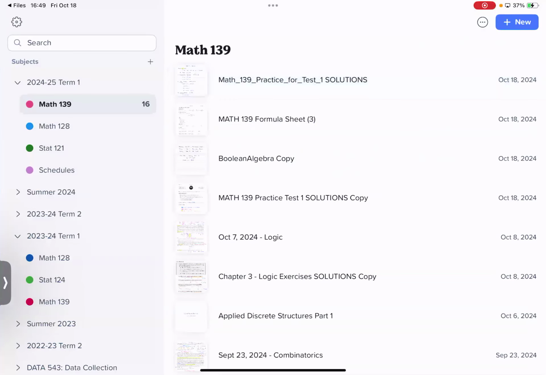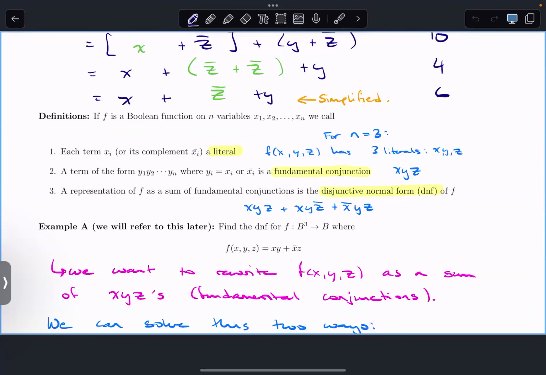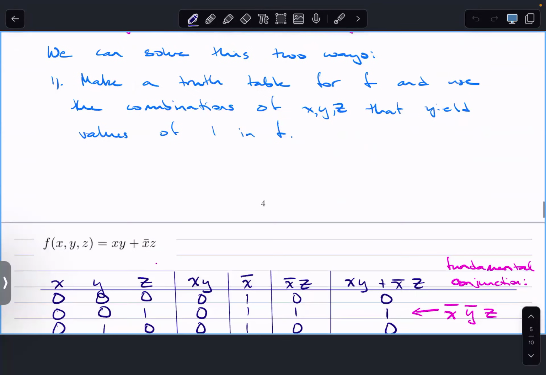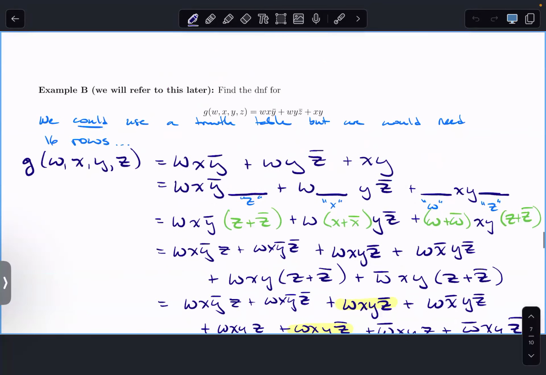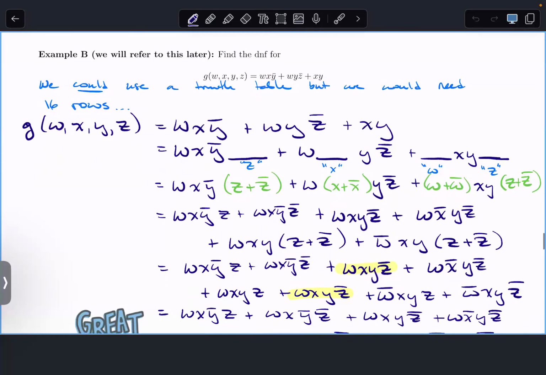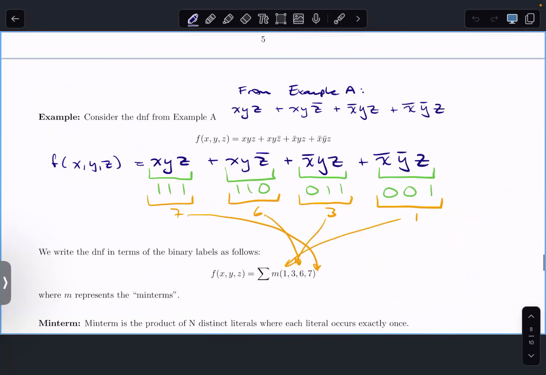I'll grab an example. I want to have, oh, this one has 4. How about this one? Copy.